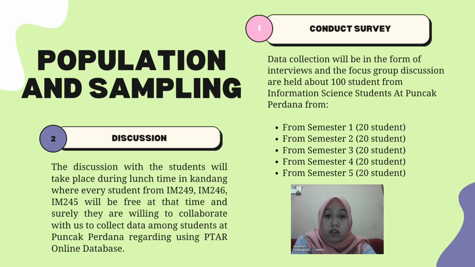The discussion with the students will take place during lunchtime in Kandang, where every student from IM249, 246, and 245 will be free during that time, and surely they are willing to cooperate with us to collect data among students at Puncak Perdana regarding using Ptar online databases.